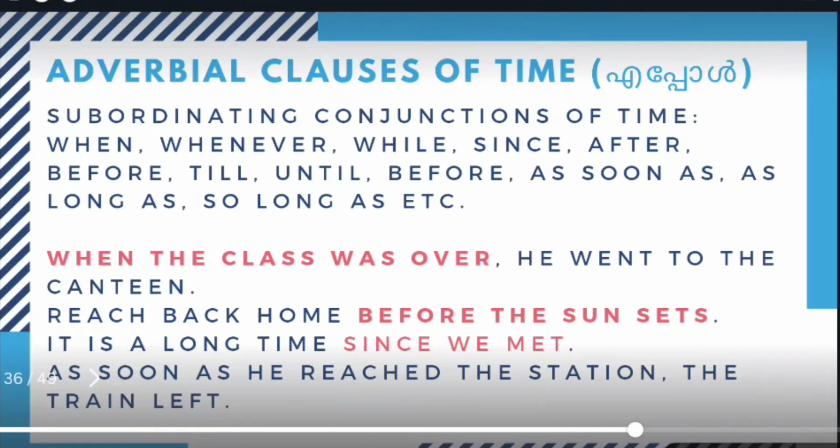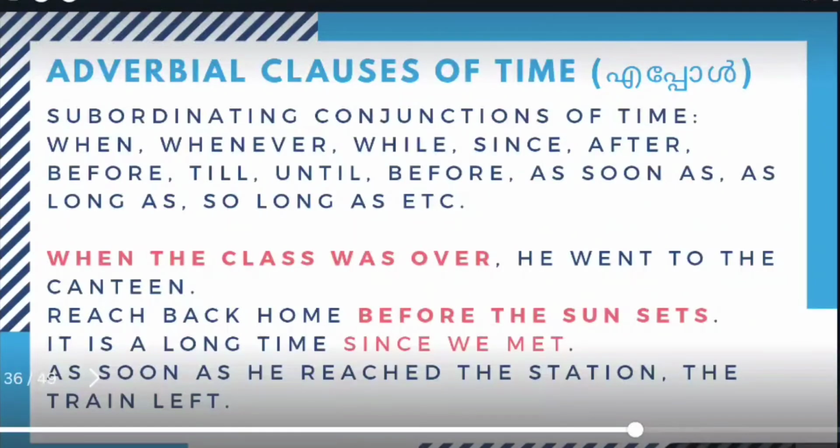So just like the name indicates, adverbial clauses of time describe the time of action. So there are different subordinating conjunctions which we can make use of in order to form adverbial clauses of time.